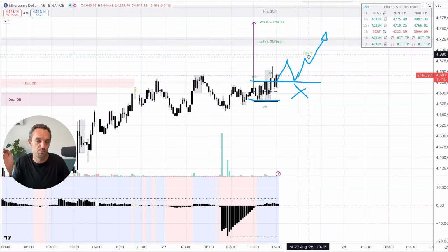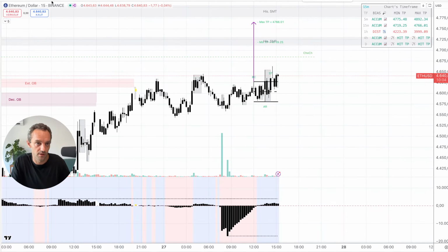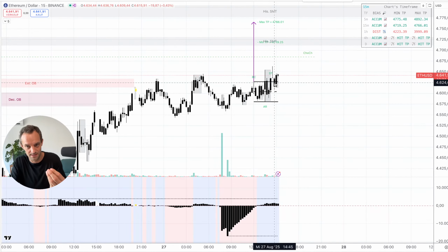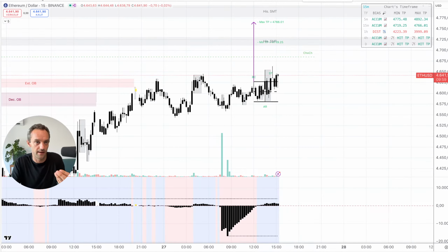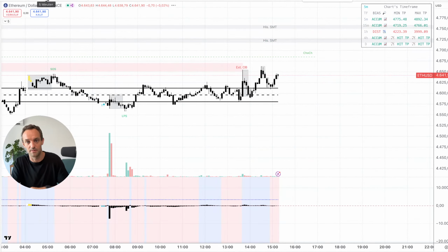This would be a probable trading setup for a long trade in Ethereum on the 15-minute chart. And of course, currently we have this idea, and well, this kind of thing needs to happen.